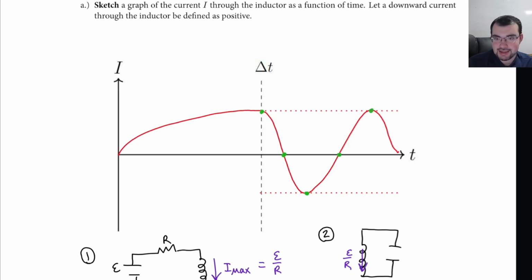So remember, these maxima and minima of sine and cosine happen quarter cycles apart, right? Maxima and minima occur every pi over 2. Because it goes pi over 2, pi, 3 pi over 2, 2 pi. So we see these are quarters. So we're interested in this time right here, which is a quarter period or a quarter cycle.